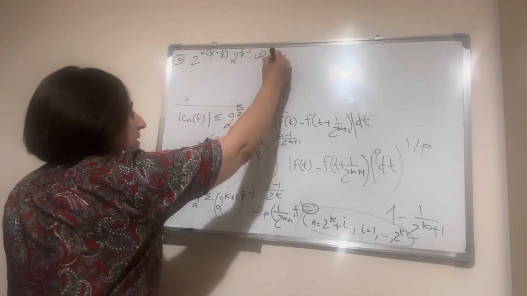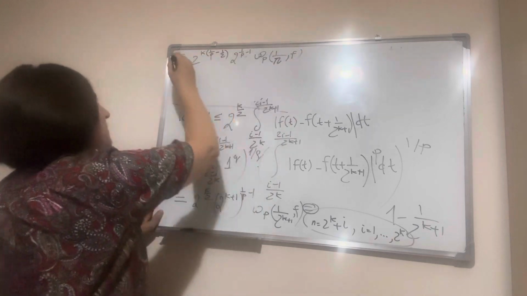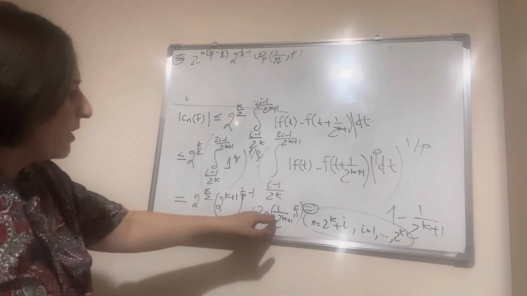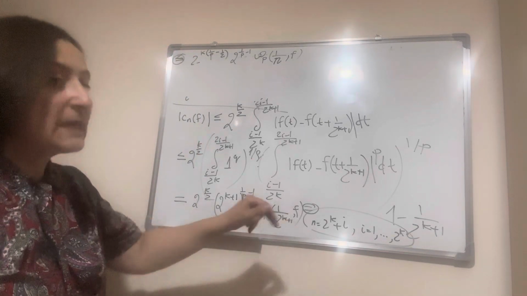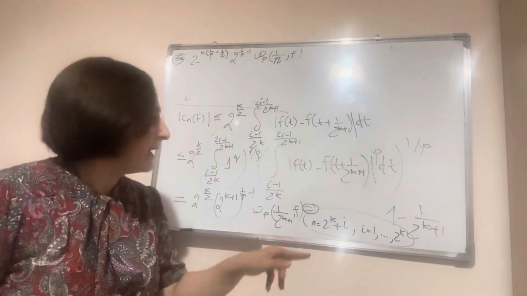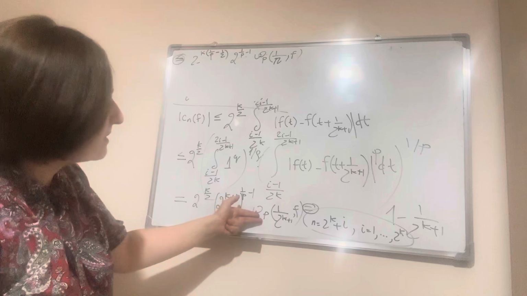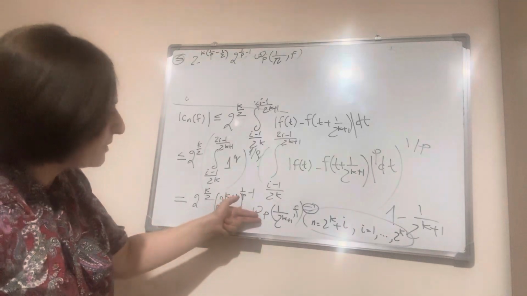In fact, let's have immediately n here, and we notice that because 1 over 2^(k+1) is less than or equal to 1 over n, by this expression for n, we have this estimate for the modulus of continuity as well.